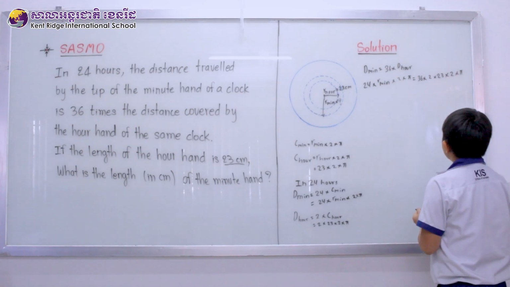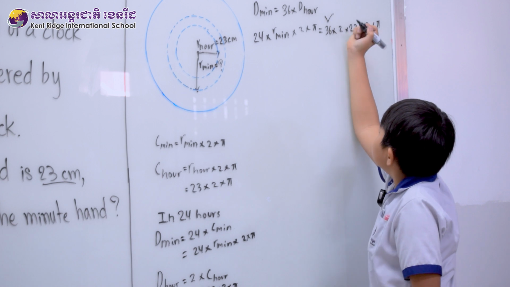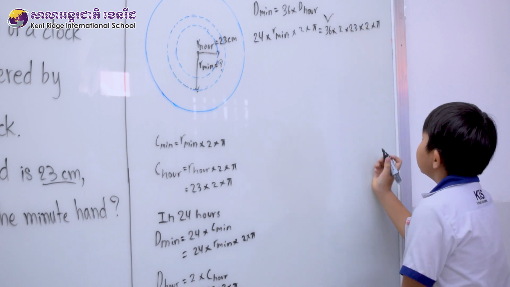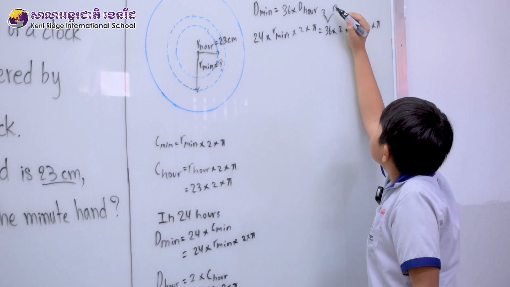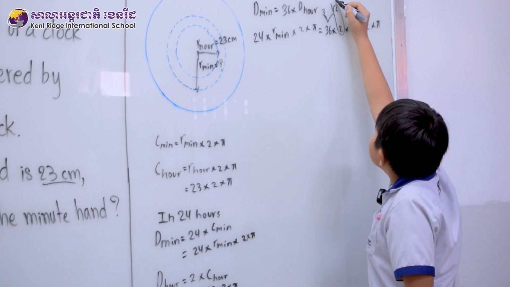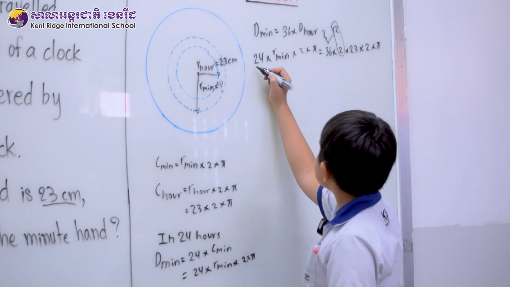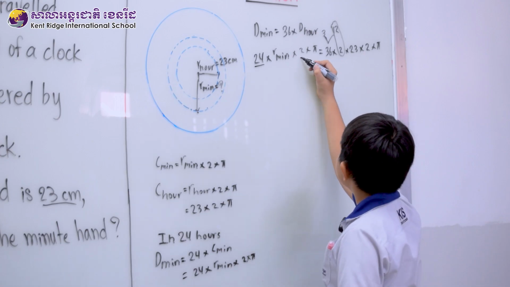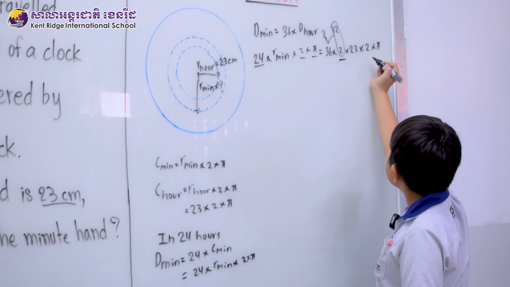For it to be easier, we could turn the 36 into two different numbers, which are 12 and 3. And 12 times 2 is equal to 24. So we could separate it, since this side has 24, 2 and pi, and the other side has 24, 2 and pi.